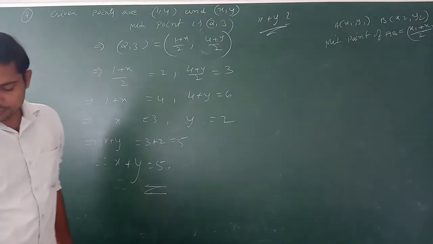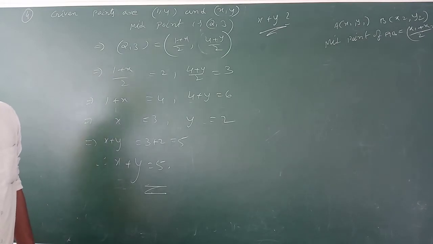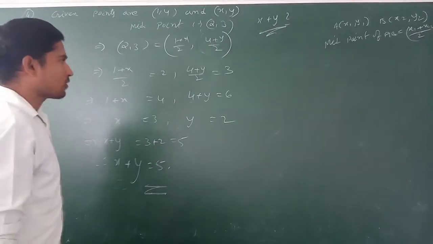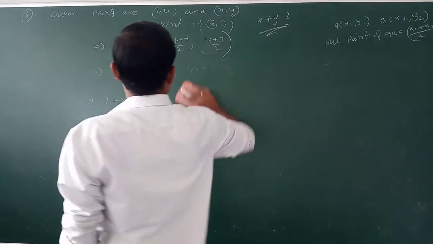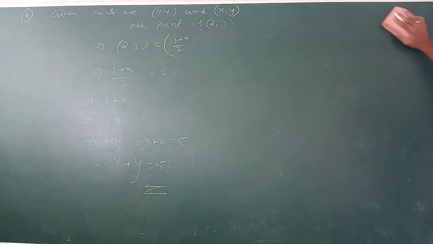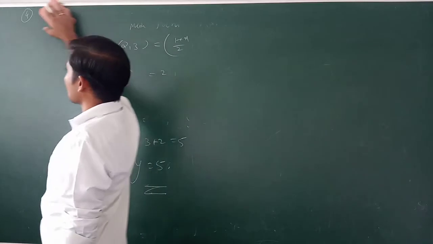Next one. A point divides the line segment joining two points. The dividing point is given and two points are also given; the ratio is what we want.